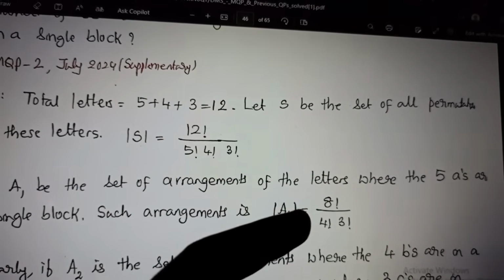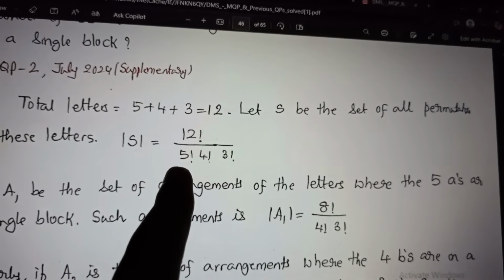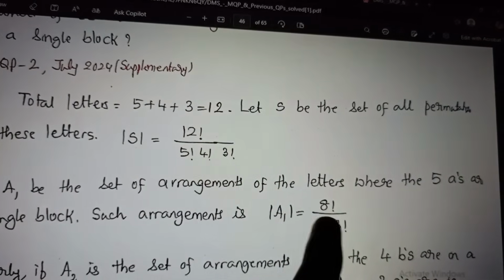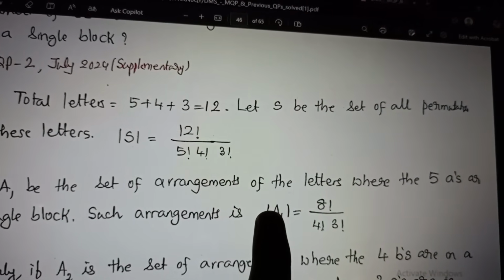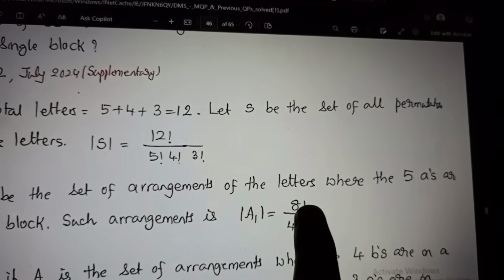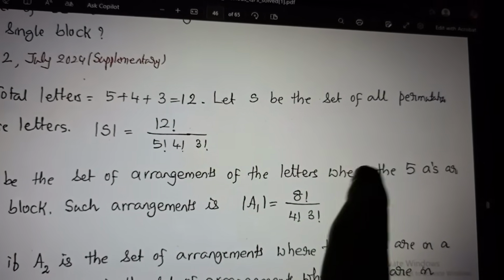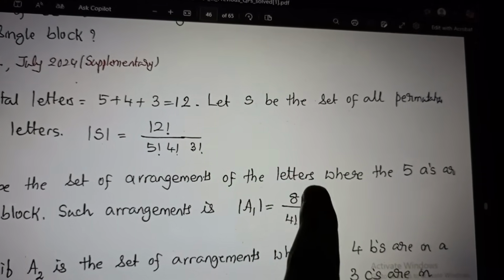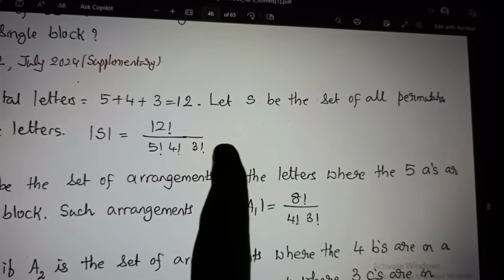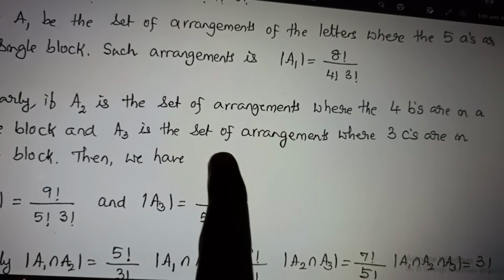Then we do 12 minus this. Consider only A because 5 A's are getting repeated. So among 12, if you remove 5, how many are remaining? 8. Remaining 4 and 3 factorial as it is.